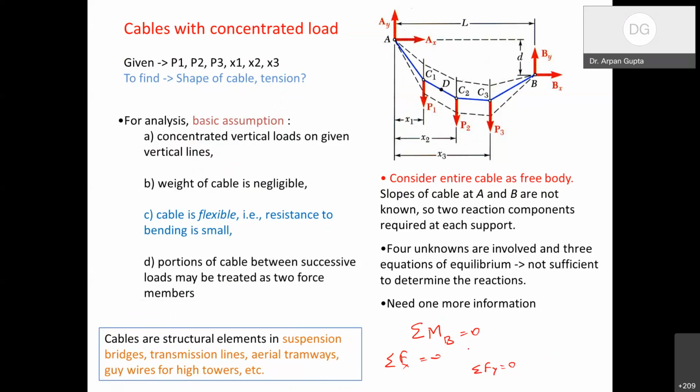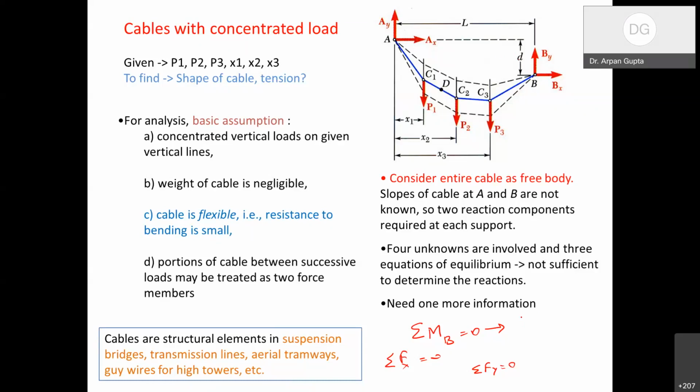If I write the first equation, moment about point B is equal to 0, then Bx and By vanish. What I have is Ax multiplied by small d plus Ay multiplied by L. These are clockwise moments, and should be equal to P3 times (L minus X3), which is the anti-clockwise moment, plus P2 times (L minus X2) plus P1 times (L minus X1), right?